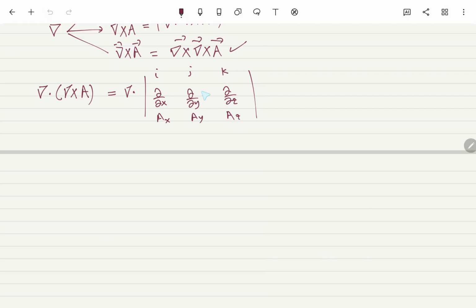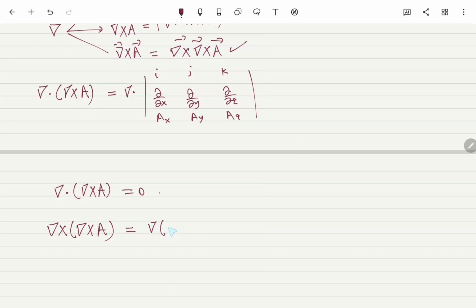So the divergence of this curl here is equal to 0. Now, following the same procedure, curl of the curl A, this one here, will be equal to, I'll use the BAC-CAB rule that we discussed before, and you can prove it.